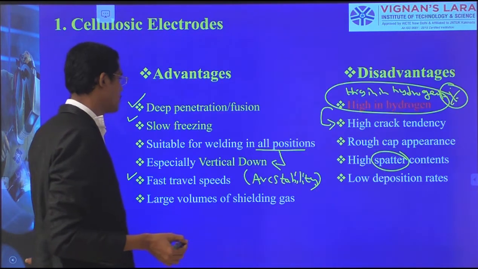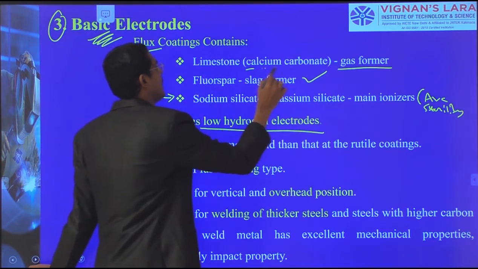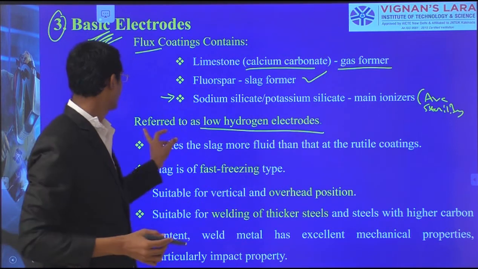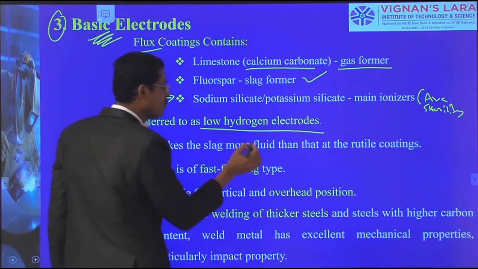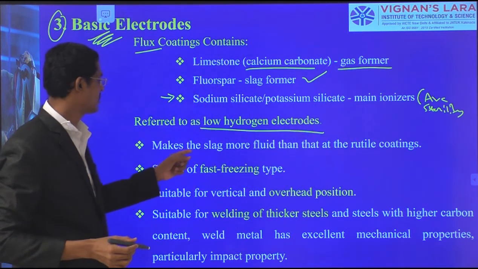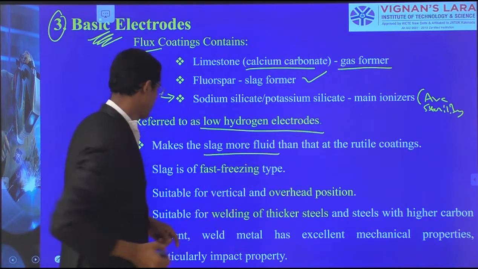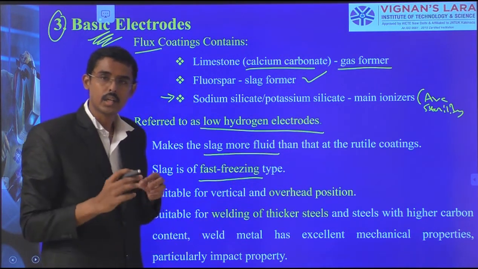We are going to avoid this by using calcium carbonate, and we refer to these as low hydrogen electrodes. It makes the slag more fluid than that of the rutile coating. We are able to make the slag more fluid. So the slag is of the fast freezing type. It can quickly freeze.